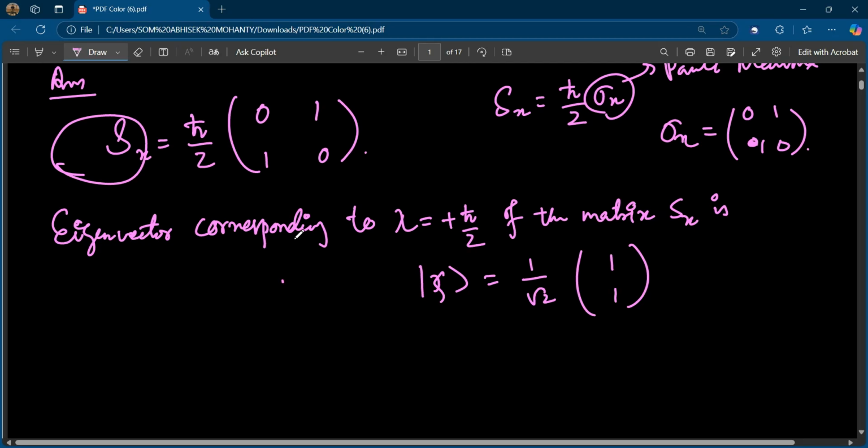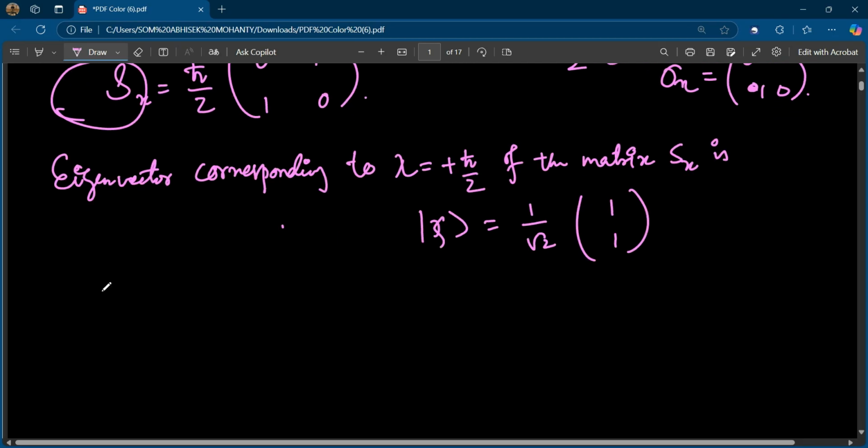Because if you want to calculate the eigenvector, you can first get the eigenvalues, and corresponding to the eigenvalues, you can get the eigenvectors. How do we get the eigenvalues? The matrix is (0, 1, 1, 0) times h cut by 2.